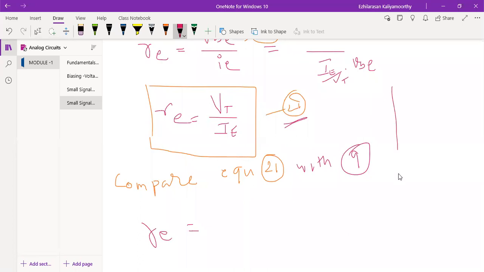So simply, let me write here in small, gm is equal to IC by VT. This term we know, right? In the same way, what is VT? From this, VT is equal to IC by gm.